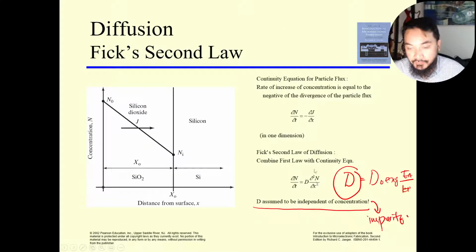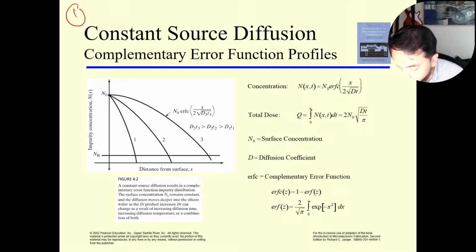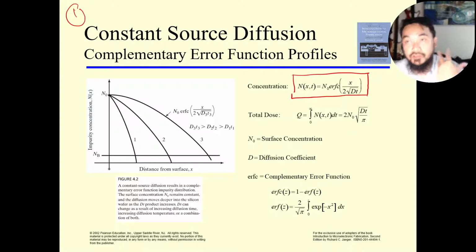Based on solving this Fick's second law, we can have two different models for diffusion. The most important thing is this equation, which governs N, the concentration of impurity, as a function of x, the distance from the surface.